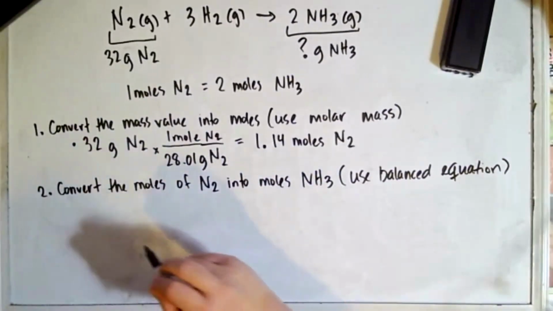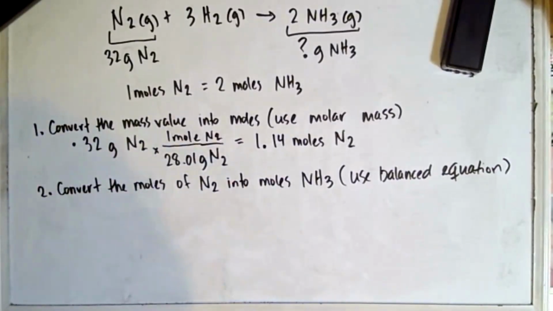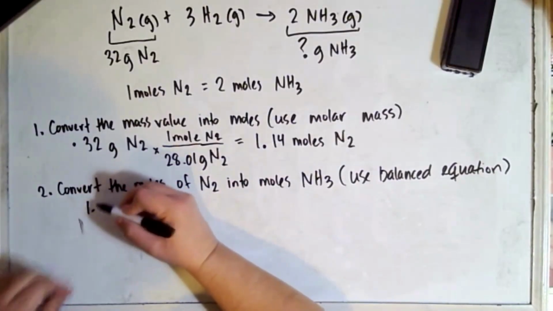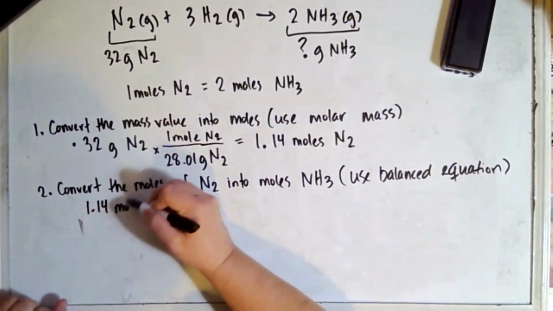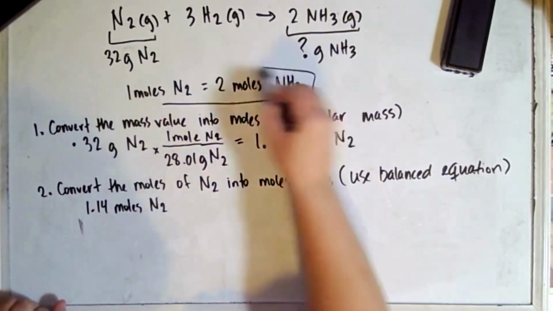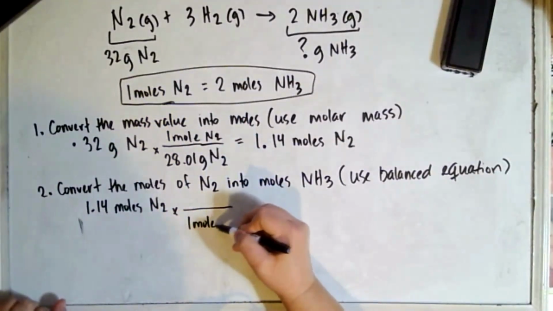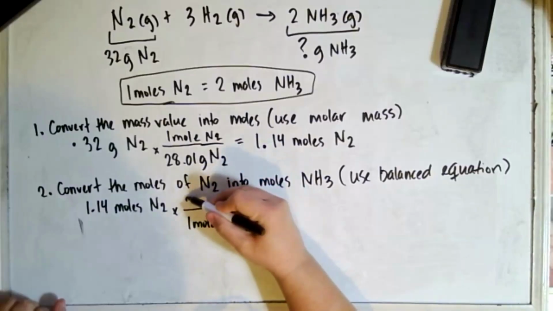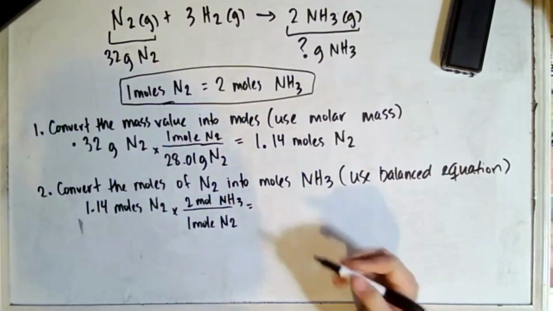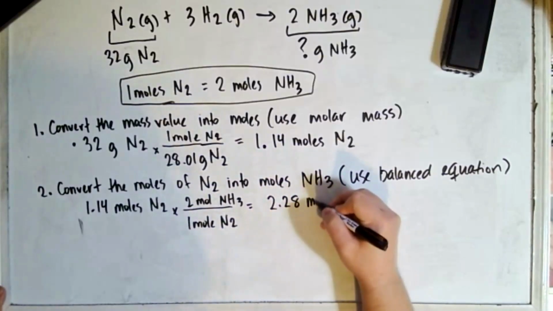All right, so we're going to take our 1.14 moles of N2, and then we're going to come back up to this equality that we wrote down. And we see that every 1 mole of N2 is going to produce 2 moles of NH3. So we're going to end up with 2.28 moles of NH3.